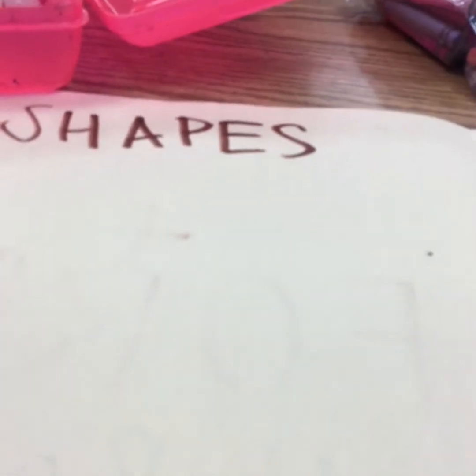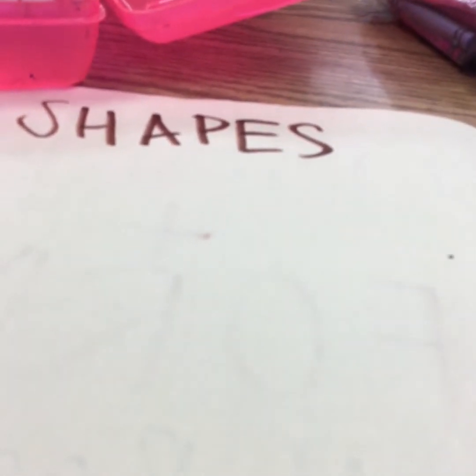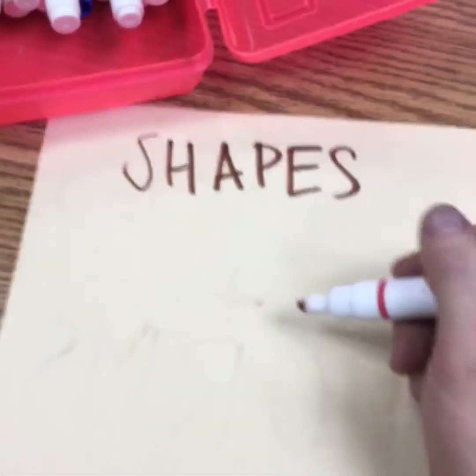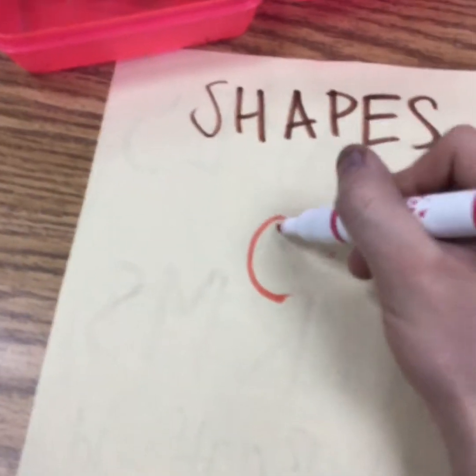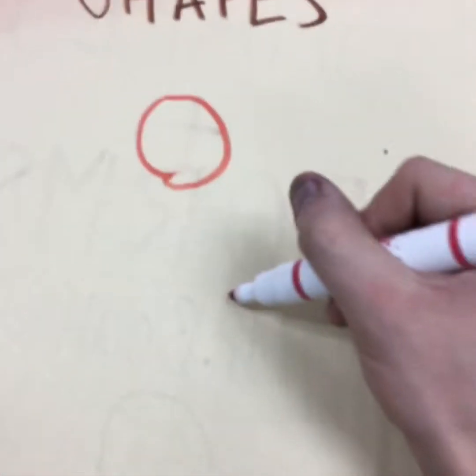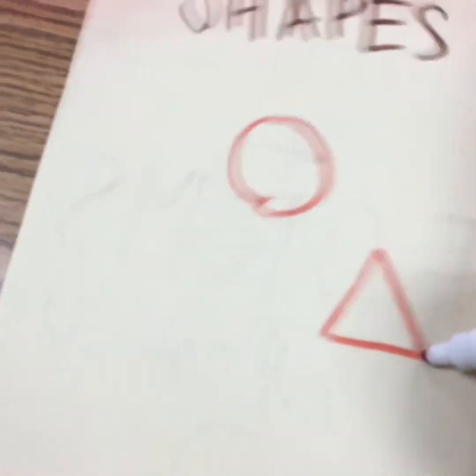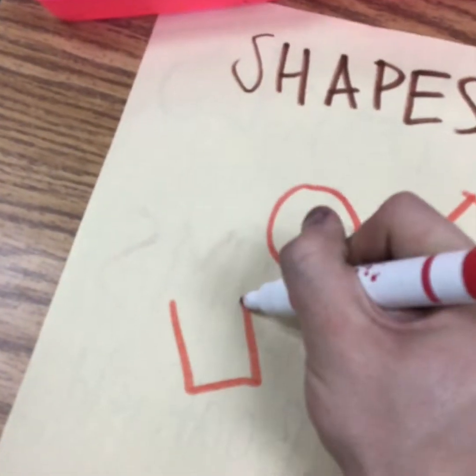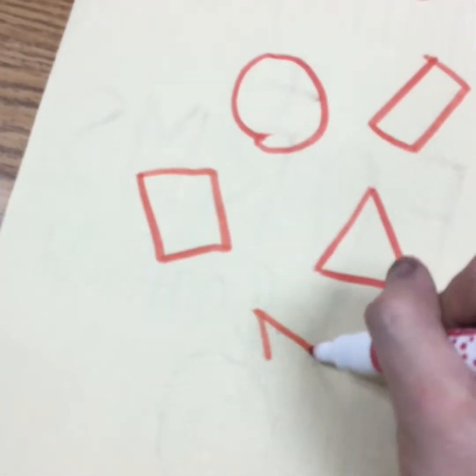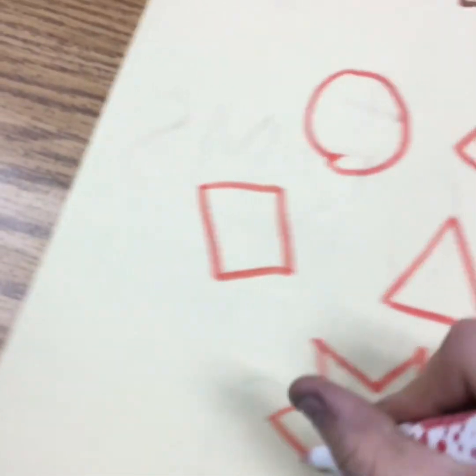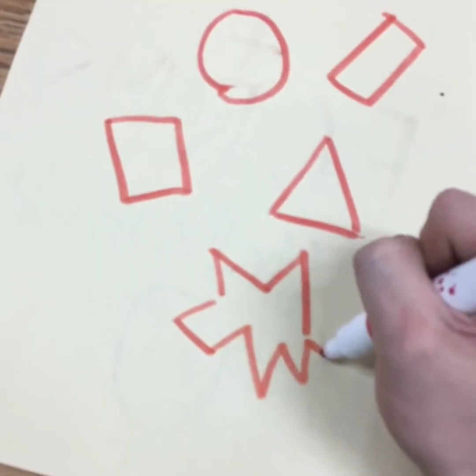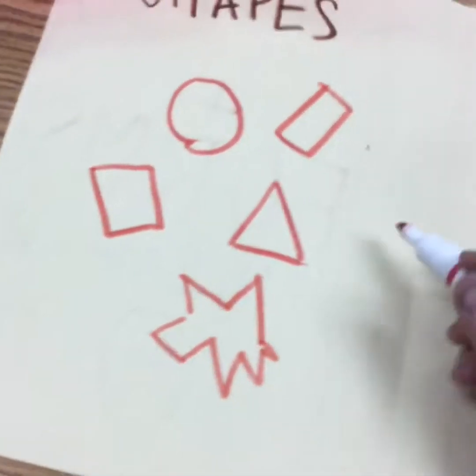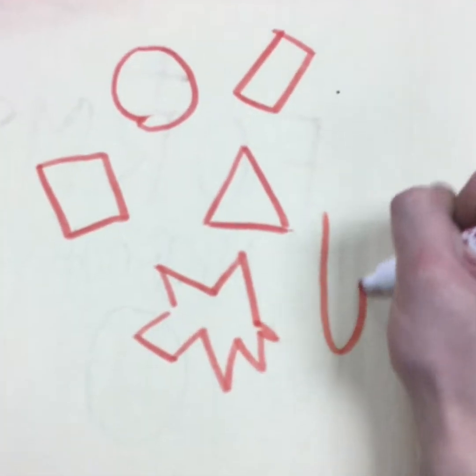Under the shapes, guess what you're gonna draw? I hope you said shapes. You could do a circle. Doesn't have to be perfect. You could do a triangle. Doesn't have to be perfect. Rectangle, square. You could make up your own shape if you wanted to. It could be an abstract shape. It could be a real shape. It could be a shape that is super long.